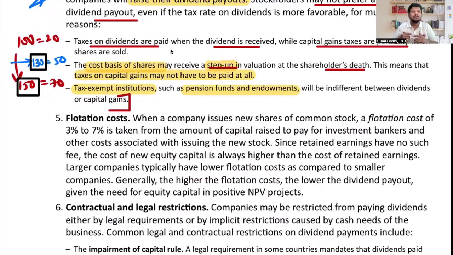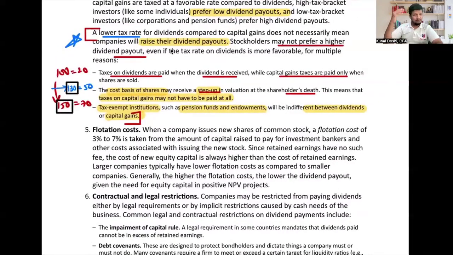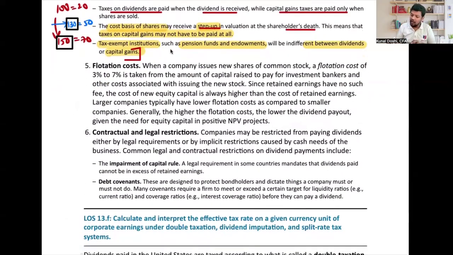So for them, it actually makes no difference whether the company pays dividends or whether there's a capital gain. So due to these reasons, even if the tax rate on dividends is less, investors are not too excited for companies to give dividends. They would rather want to avoid dividends in most cases. Got it, everyone?